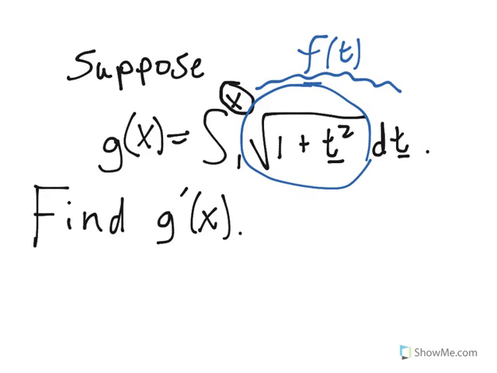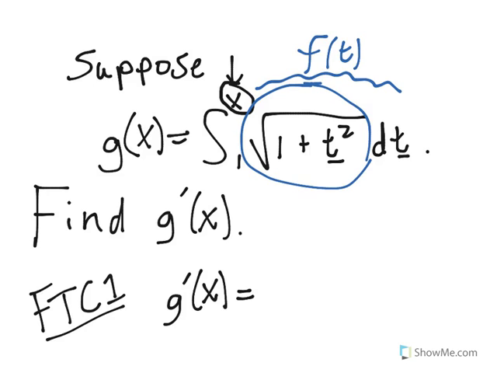Fortunately, we don't actually have to take the derivative of something with a square root in it. What the fundamental theorem of calculus part 1 gives us is that if you have an x as your bound, then g prime of x is just equal to f of x.